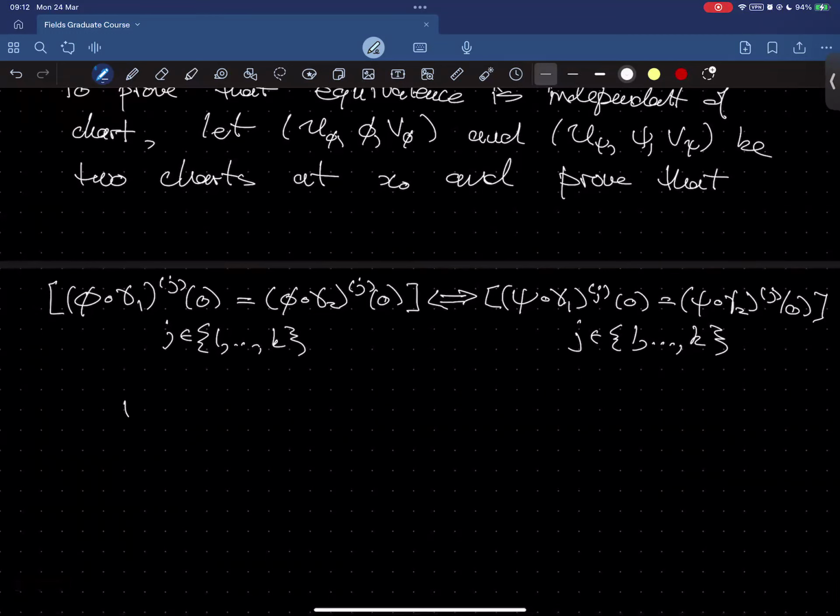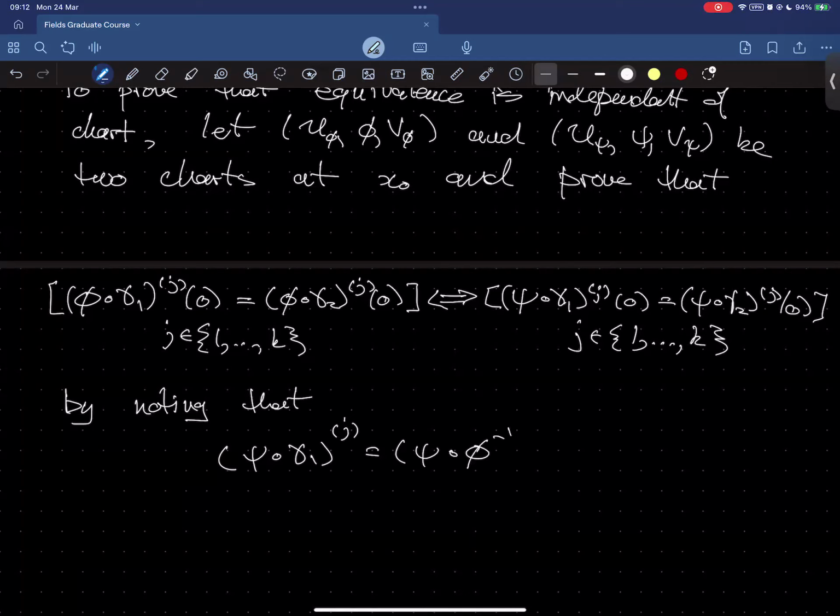You simply write psi. Okay, so I guess I'm still using an English language sentence here, so let me continue it, and prove that this is true by noting that psi composed with gamma_1j is psi composed with phi inverse composed with phi composed with gamma, just by sticking in phi and phi inverse, the so-called insertion of charts argument.